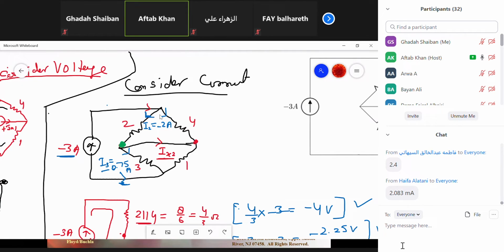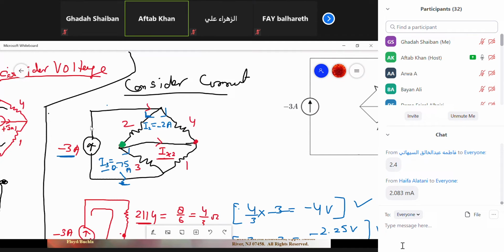Let's say this current is Ix2 now, because that time I said Ix1, and the direction again we are assuming from left to right. The current is given as -3 amps. The arrow is showing up, so no worries: because it is given as minus, we will use minus all the time, but the direction is up.